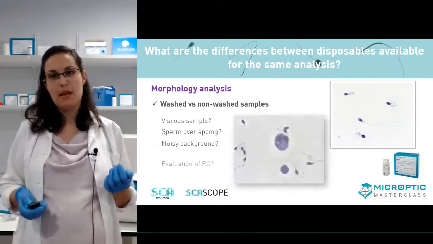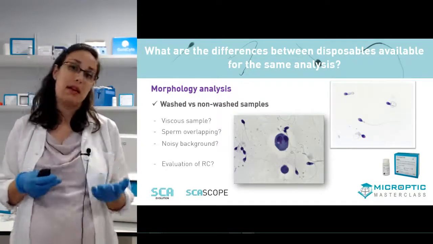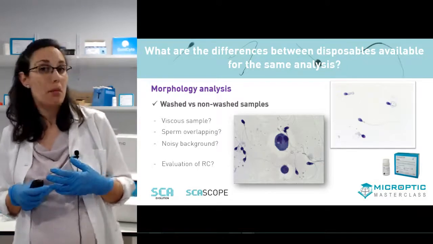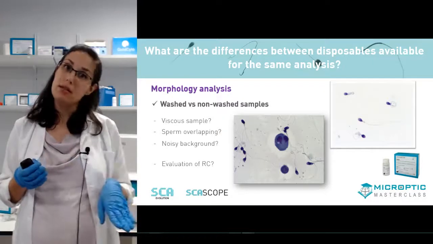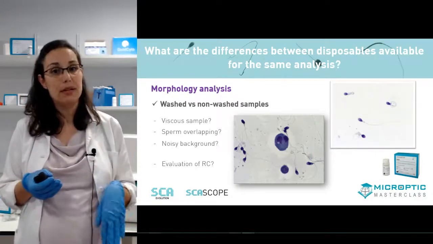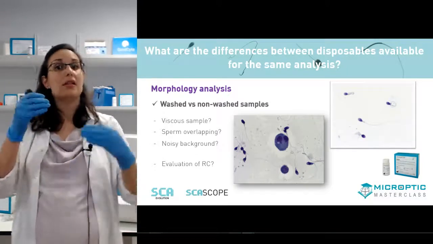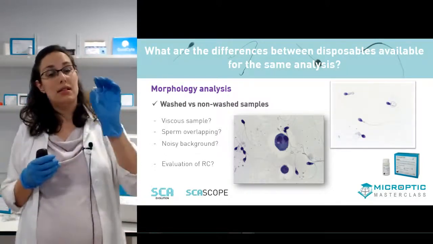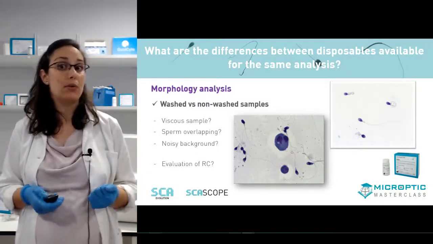Okay, but if you are evaluating the round cells, in that case it is not recommended to wash samples. It is better to preserve one replicate performed with a semen smear in order to evaluate the morphology of round cells and the ratio between the sperm cells and the round cells, in order to get realistic results.